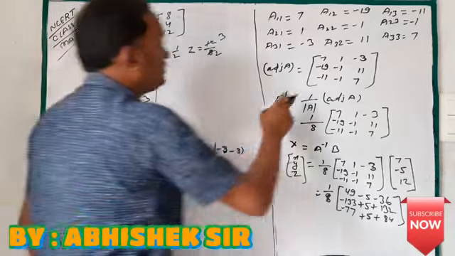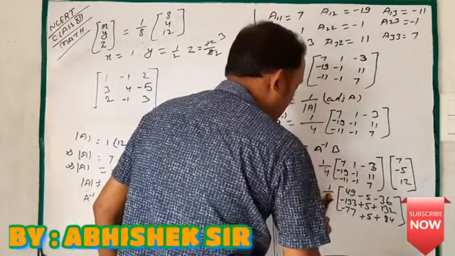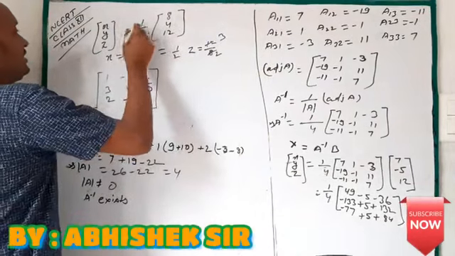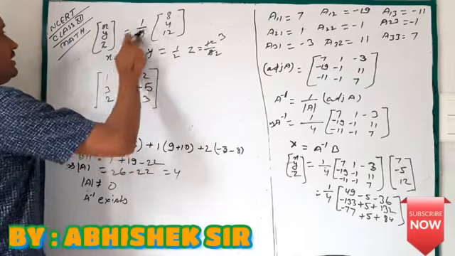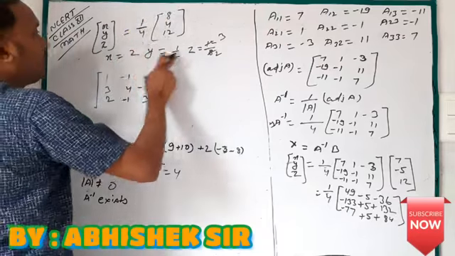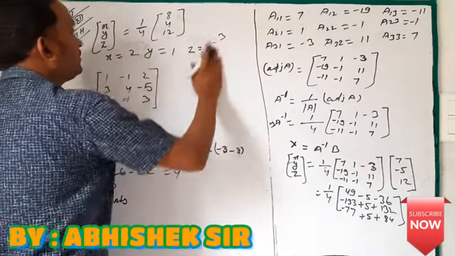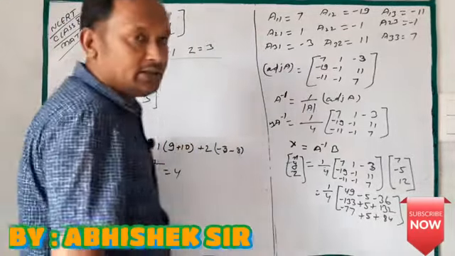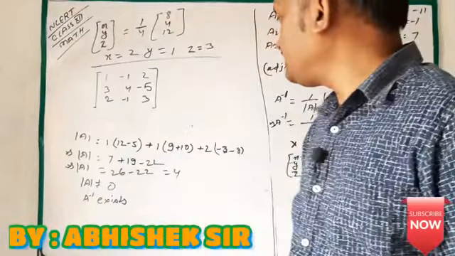Now this becomes 4 and 4, this is 4. And what is x? 8 upon 4 is equal to 2, 4 upon 4 is equal to 1, 12 upon 4 is equal to 3. This is our answer. Then students, this is the minor mistake of plus minus.